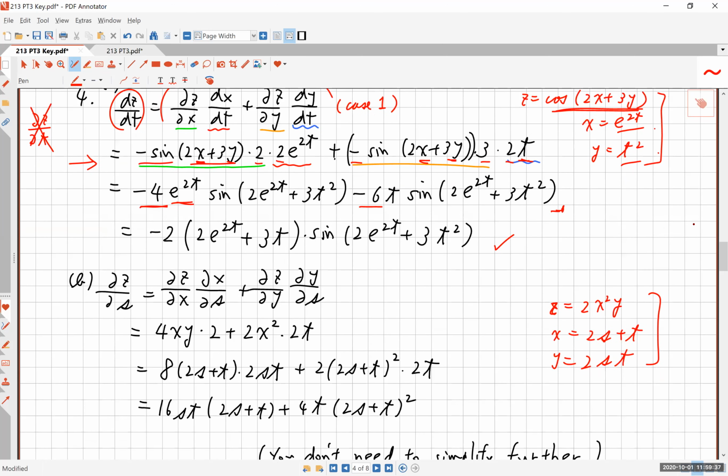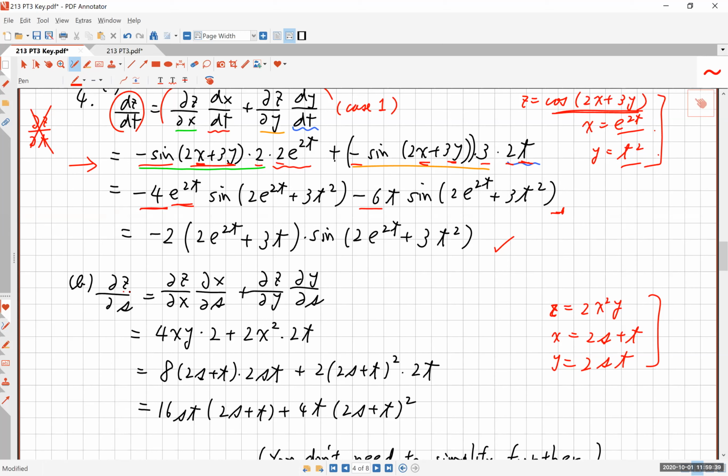And then part B, you have to find the partial of z with respect to s. Notice here, this time you have two parameters for x and y. So this is indeed the partial derivative of z with respect to s that you are looking for. And so this is case number 2 in that chain rules section.